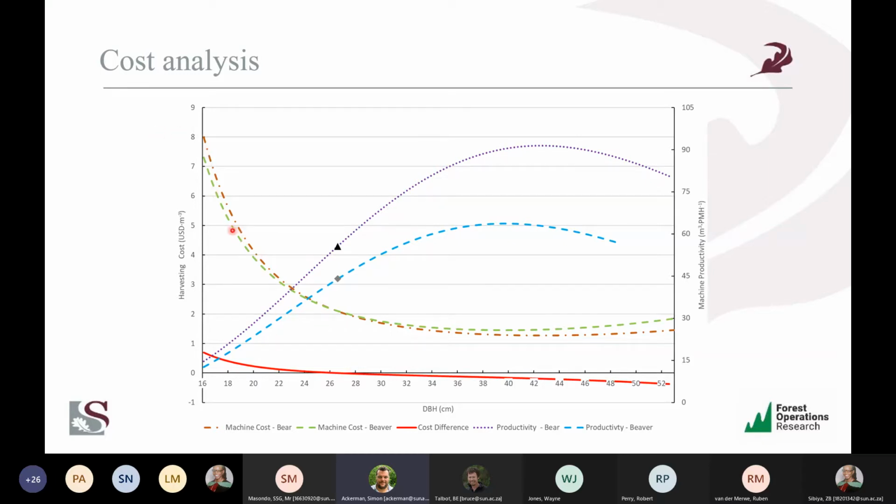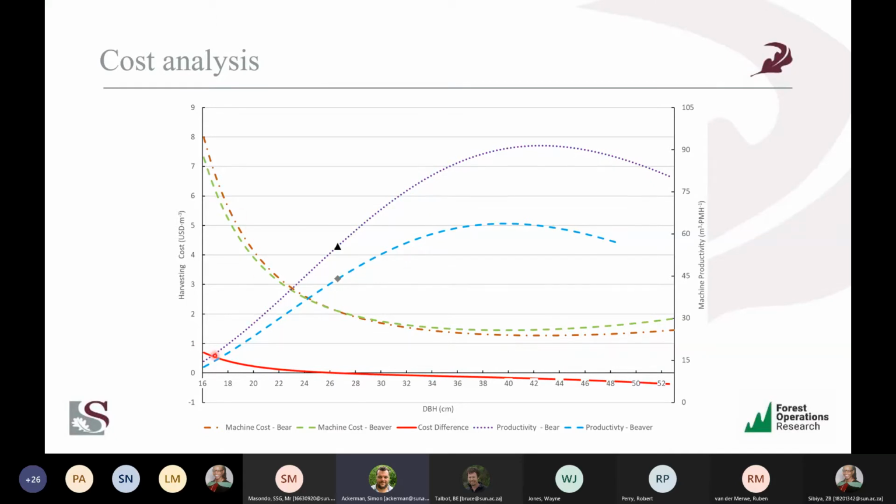We have the brown one and the green one. These are the cost curves, the brown being the Bear cost and the green being the Beaver. You can see how the Bear is more expensive in smaller trees. There's an inflection point around about here where the Beaver becomes more expensive. So that is the effect of the tree size on the cost.